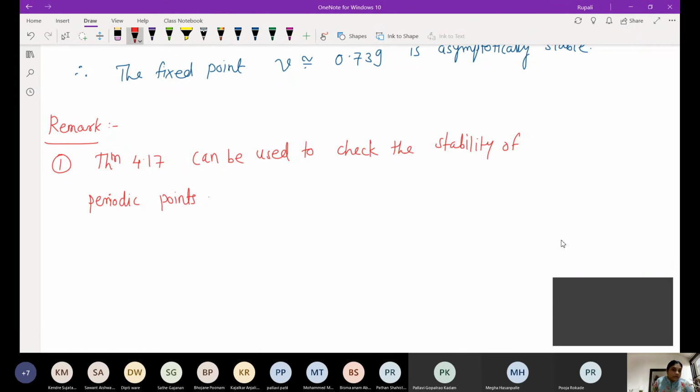Okay, so 4.17 also can be used to check stability of periodic points.